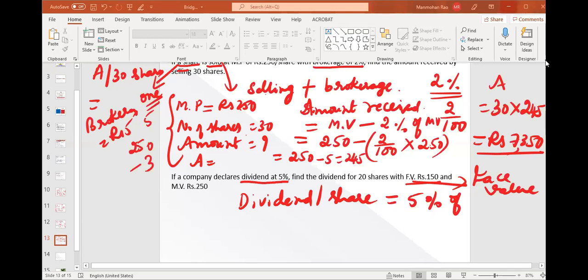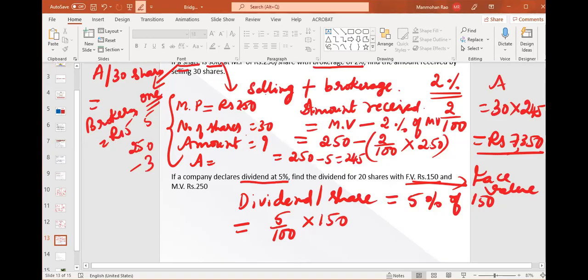So now you have to calculate the dividend: 5% of 150 rupees. Dividend is always calculated on face value. Yes, very good. Aishwarya is telling 7.5. Let us see: 5% is 5 upon 100 multiplied by 150.